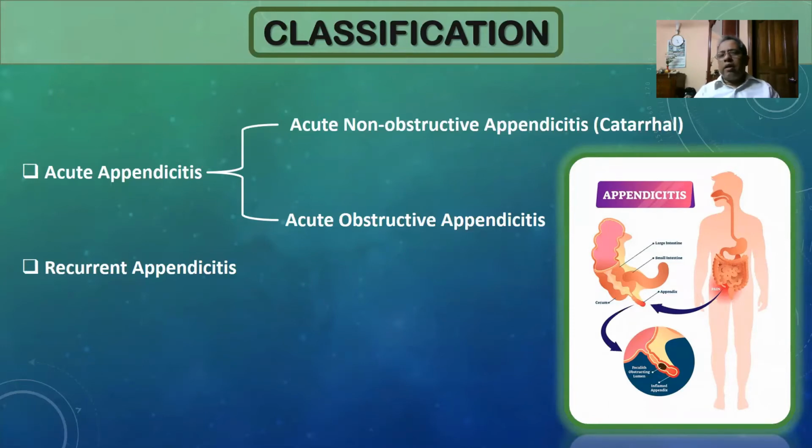Recurrent means the patient has appendicitis, and whether treated, untreated or maltreated, it resolves, and after a few days there are again some symptoms of appendicitis, then again symptom-free, then again after a few days or months the patient presents with symptoms of appendicitis. This is called recurrent appendicitis.